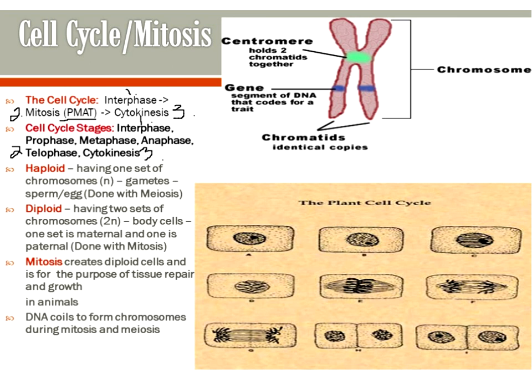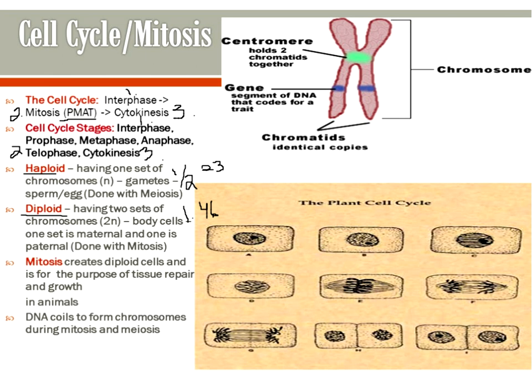Some other terms you might need to know: haploid versus diploid. Haploid is half or one set of chromosomes. Think of haploid as half. That would be 23 human chromosomes. Diploid is the full set, and one full set of chromosomes would be 46 chromosomes.